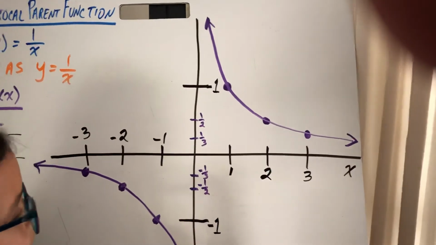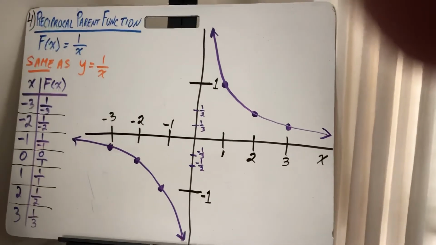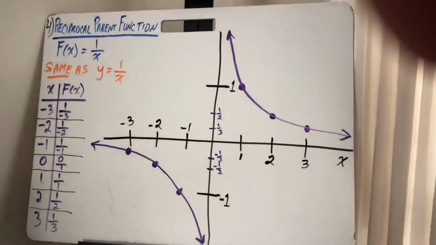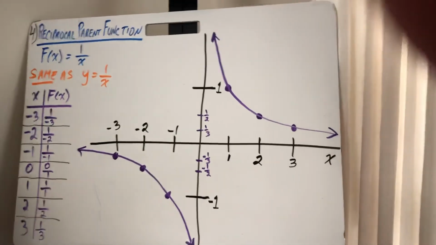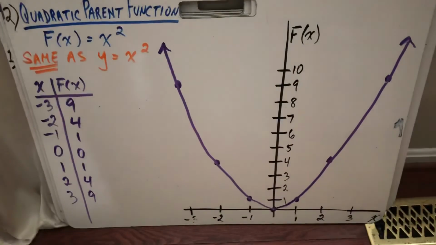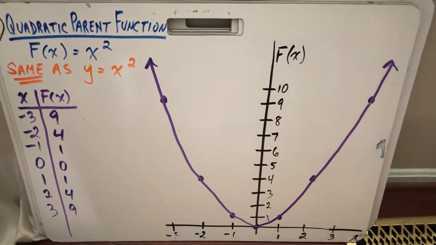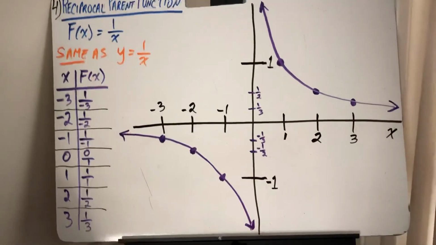And it keeps going forever. And this is called a hyperbola. Okay? A hyperbola. Right? By the way, I forgot to tell you that this guy here is called a parabola. The U shape is called a parabola, the quadratic. And this guy is called a hyperbola.